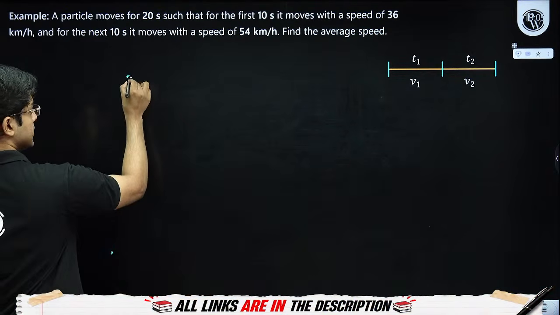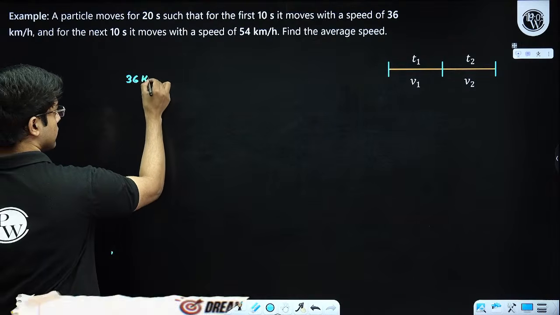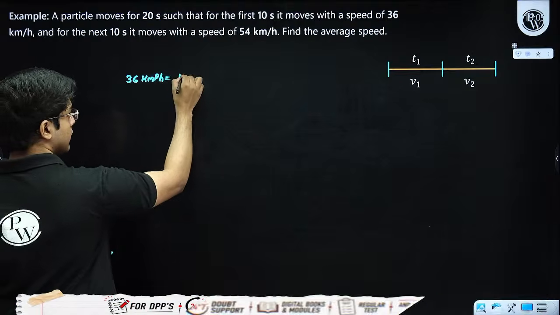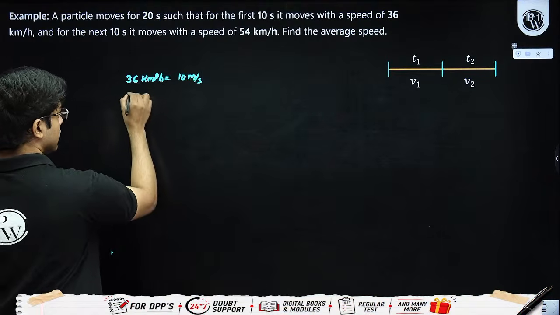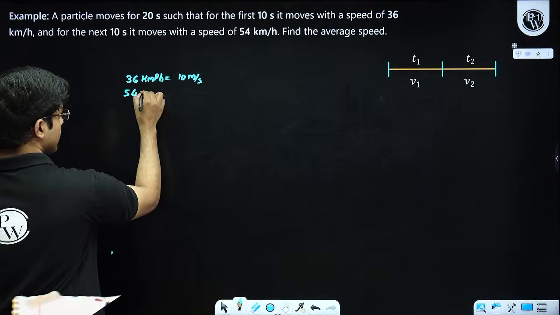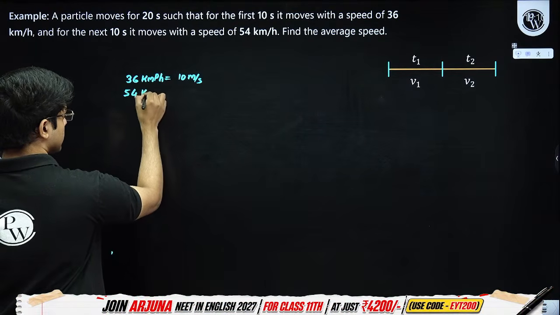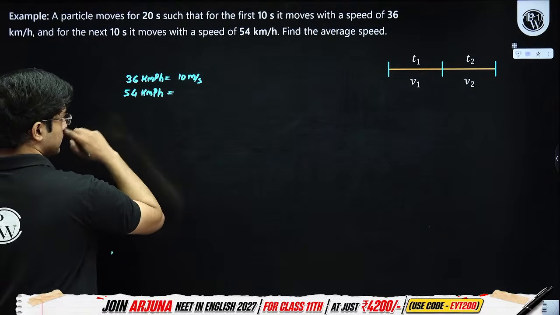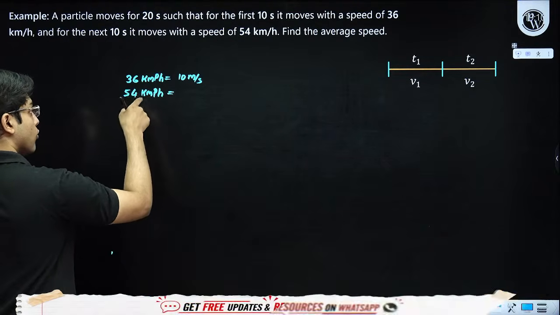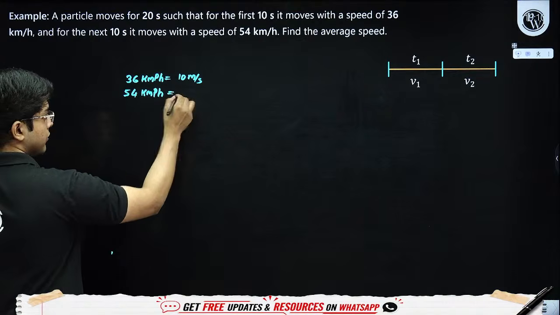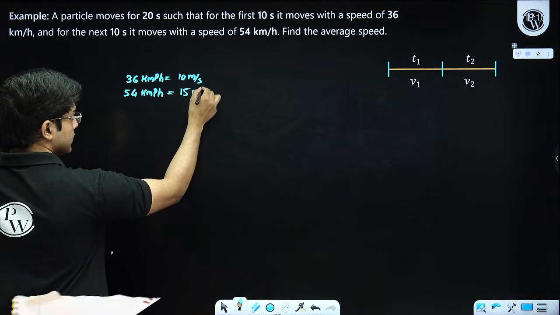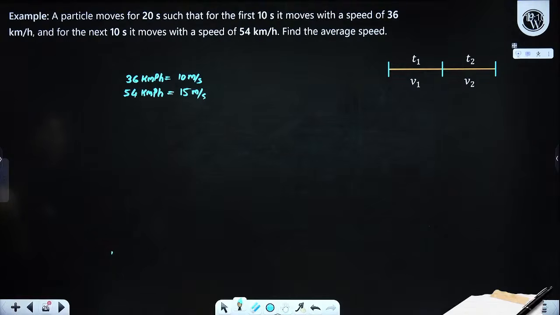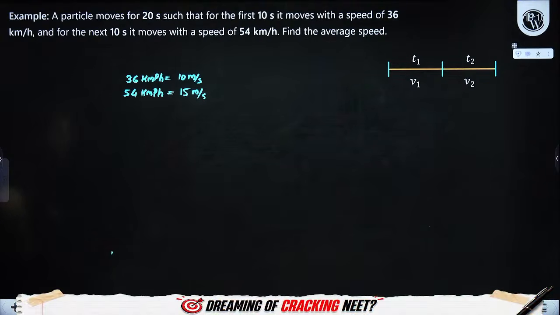So 36 kmph, if you multiply with 5 by 18, is 10 meters per second, and 54 kmph will be 15 meters per second.